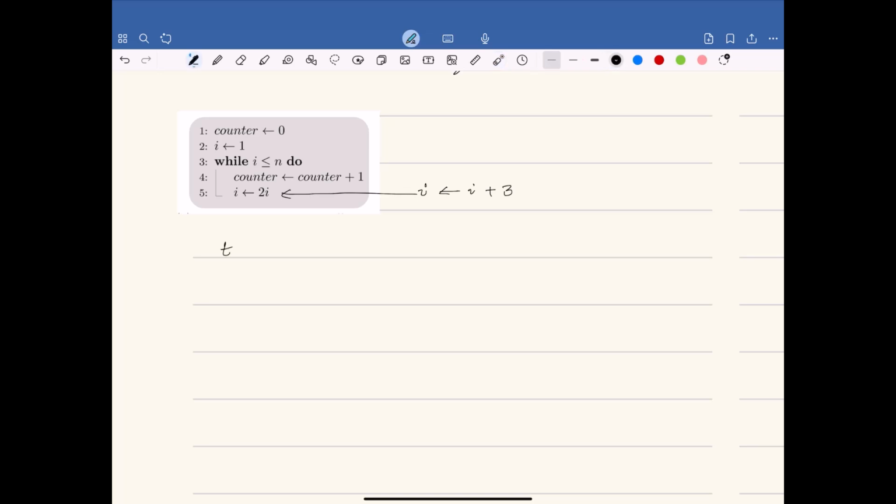So we write T(n) is equal to summation. i will start from 1. As you can see, the first value is 1. And since we added 3 in every iteration, the next value will be 4, the next value will be 7, the next value will be 10, and so on. So how to represent these numbers by a formula?